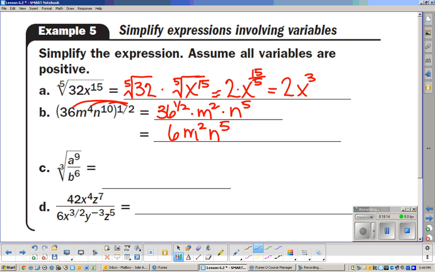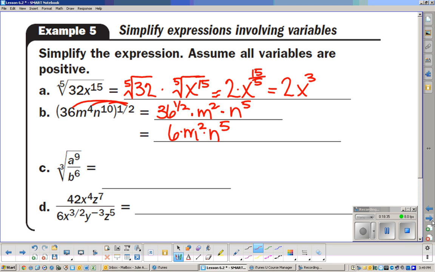Now remember, we are multiplying here, and multiplying you can pretty much do to anything. It's when you're adding that you have to make sure you have the same base and the same index on your root. Okay, letter C, what do we got? We got the cubic root of a to the 9th over b to the 6th. Well, again, right now that doesn't make much sense to me.